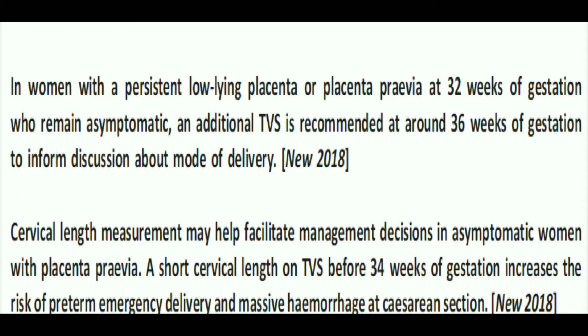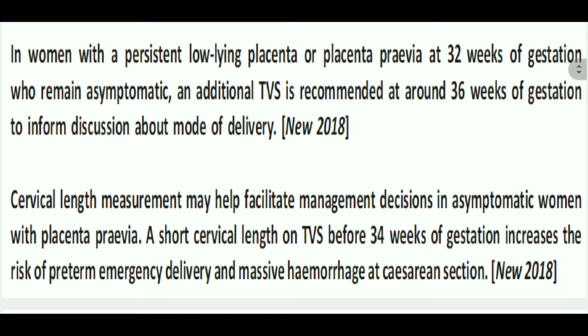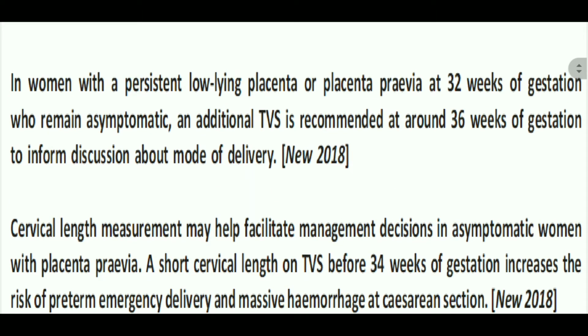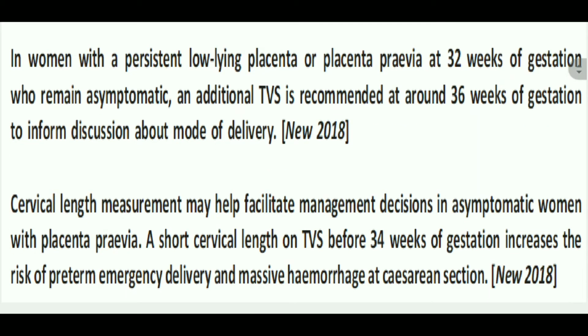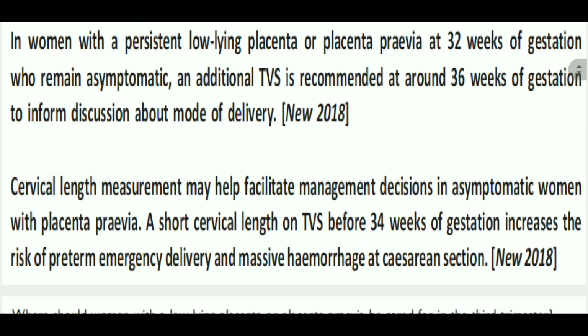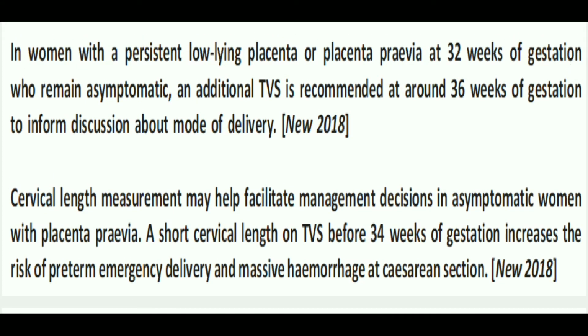So what do we have to do if we find low-lying placenta at 32 weeks? If a patient with persistent low-lying placenta or placenta previa at 32 weeks of gestation remains asymptomatic, an additional TVS is recommended at around 36 weeks of gestation to inform discussion about the mode of delivery. And another thing is that we have to do cervical measurement.